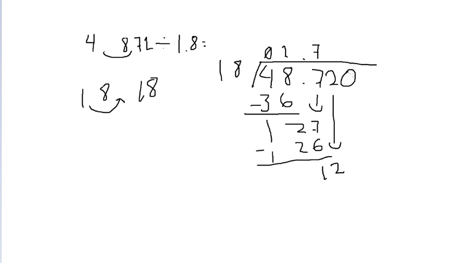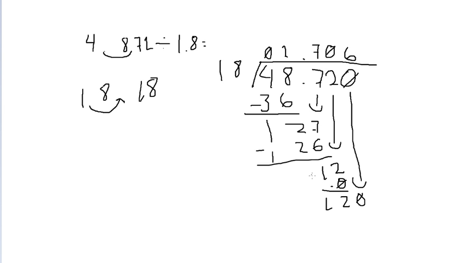And you would have to add some zeros. 18 goes into 12 0 times. And then you put a 0 right here. You subtract that. Be 12. Bring down your 0 to 120. It goes into that 6 times.